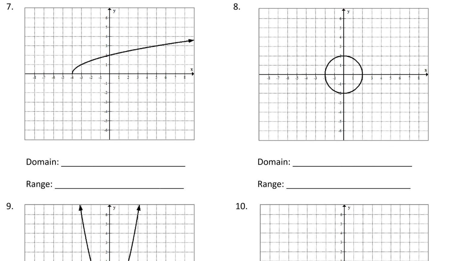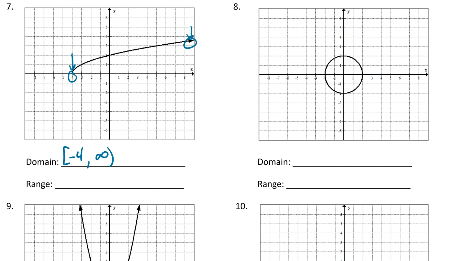Alright, number 7. So domain first, leftmost point. So leftmost point does actually stop at -4. So we have -4 with a bracket. The rightmost point is an arrow. So that means infinity and parentheses.